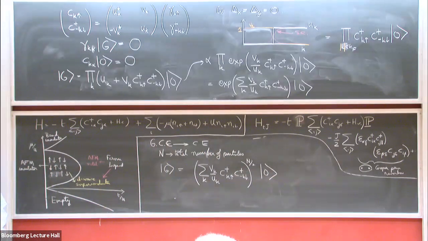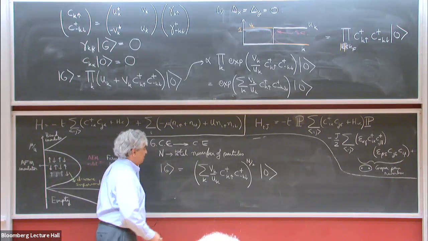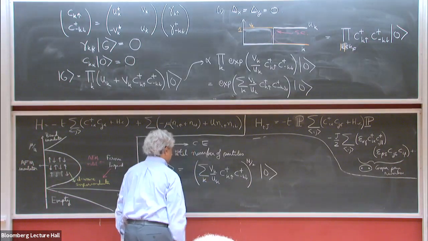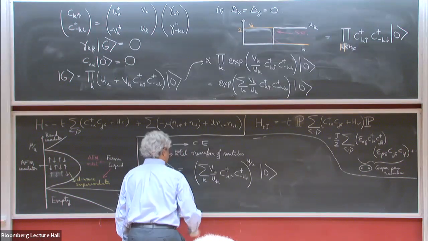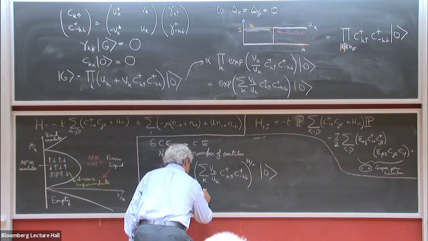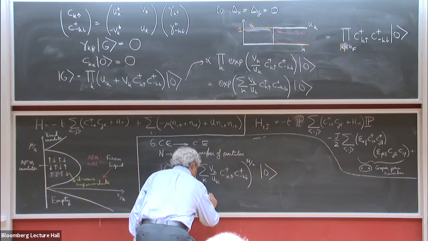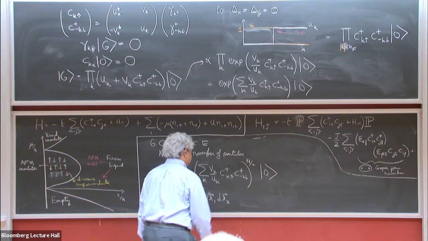And now you're starting to see why this is essentially a Bose-Einstein condensate. If you wish, I can rewrite this in position space. In position space, it's the integral dr1 dr2. You take a pair of particles at positions r1 and r2.